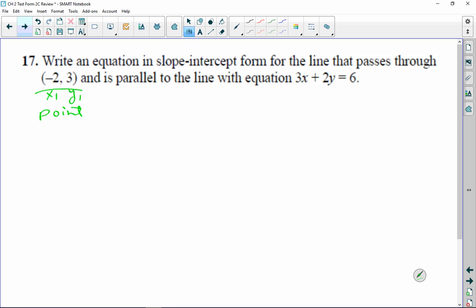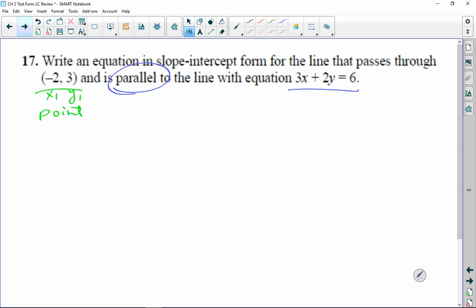The thing we have to determine, though, is what? It has to be parallel to this equation here. What do I know about parallel lines? What is the same? The slope, right? So what's the slope of this line? 2x. Well, I got to change it, don't I?